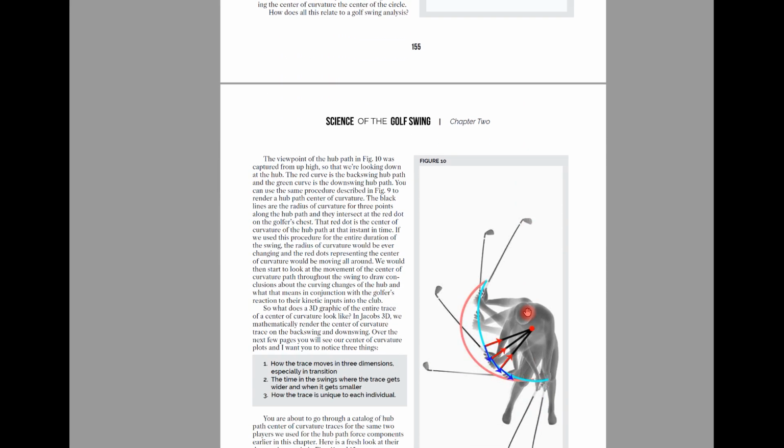Also, we got into the complex interaction between the center of curvature of the hub, the overall club, and the path of the club head, and how those intertwine and tie together are really one of the best features of the Science of the Golf Swing book. So now that you know how important the hub is, we've given you lots of ways that you can now analyze it.